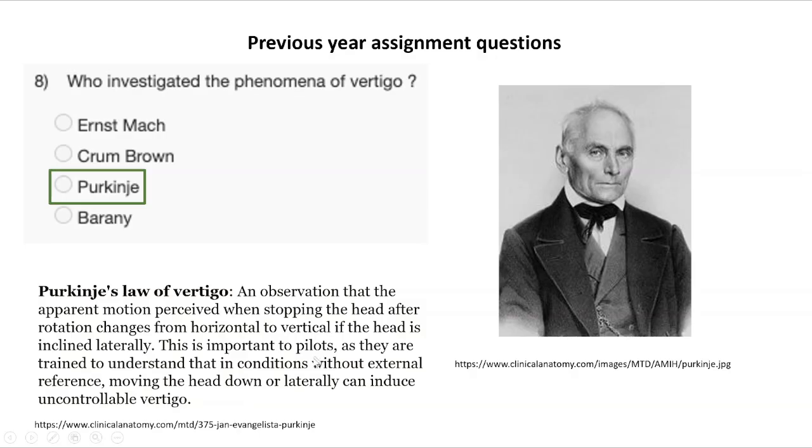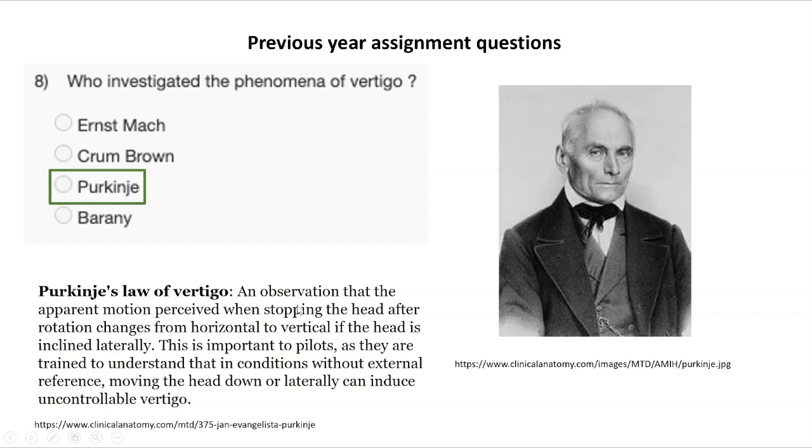For pilots, as well as in the military and the air force, in both conditions, if they move the head down or move the head laterally, that can induce uncontrollable vertigo if there is no external reference.